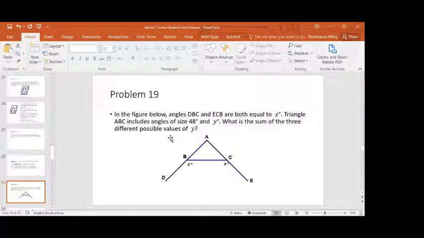They say triangle ABC, there's triangle ABC. It includes angles of sizes 48 and y degrees, right? So the angles in triangle ABC are 48 and y. Amongst these angles are 48 and y. That's all. And now, what is the sum of the three different possible values for y?